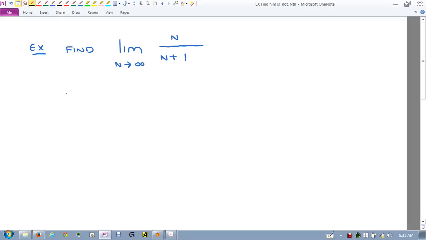Now, you don't have to do this, but you could, if you want, start writing out the individual terms of the sequence. So if you plug in 1, you'd get 1/2, and then the next one would be 2/3, and then 3/4, and then 4/5, 5/6, and so on and so forth forever, right?